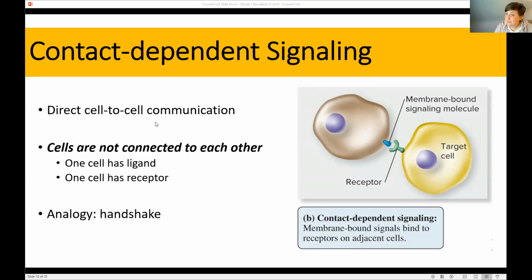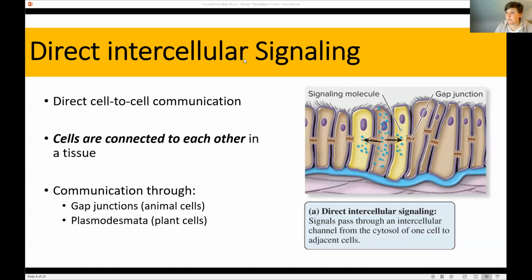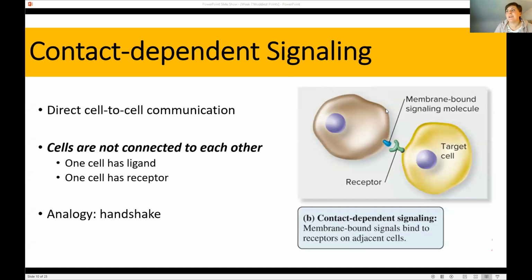This is direct cell-to-cell communication, so similar to intercellular signaling, it's cell-to-cell direct via contact communication, but intercellular signaling happens through gap junctions, whereas contact-dependent signaling, these are plasma membrane proteins. These are integral proteins.